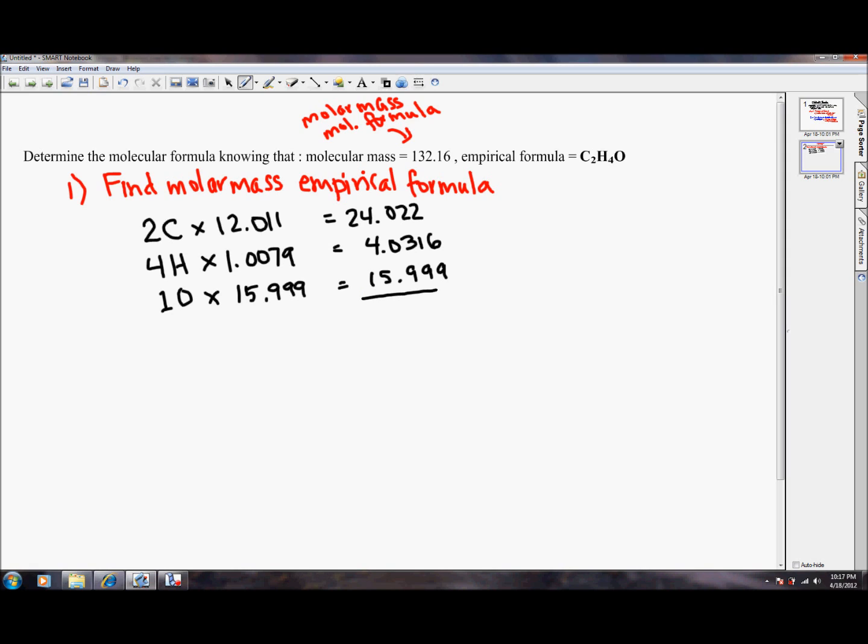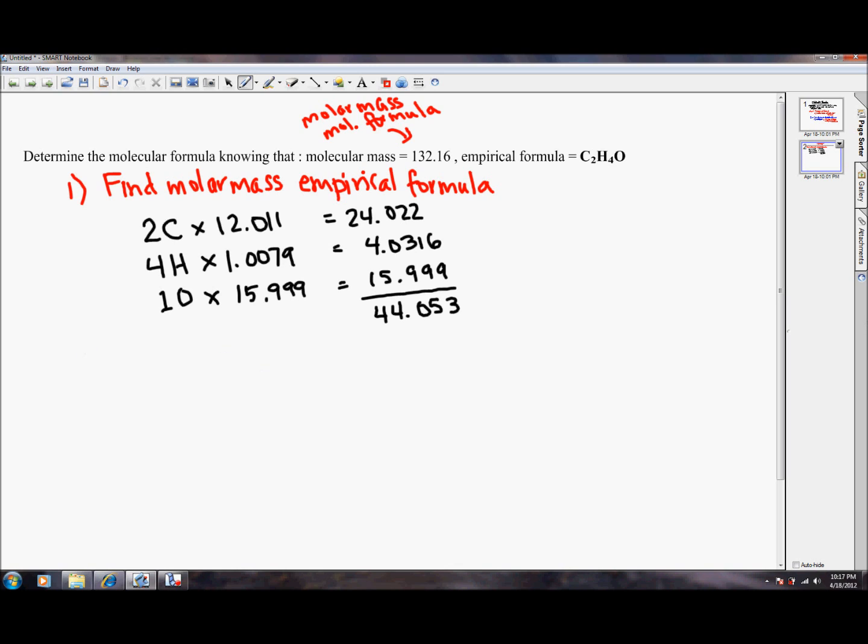We're going to add all those numbers up, and that adds up to 44.053. Remember, we got 5 sig figs.